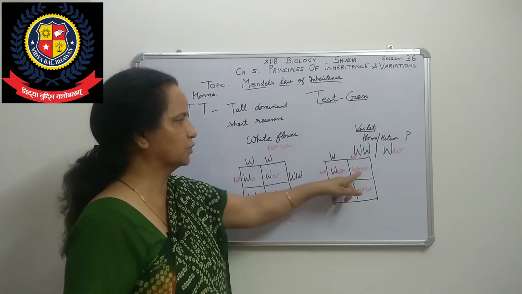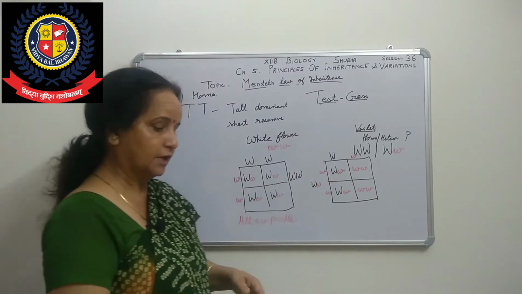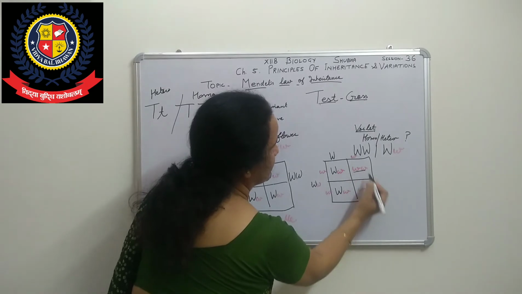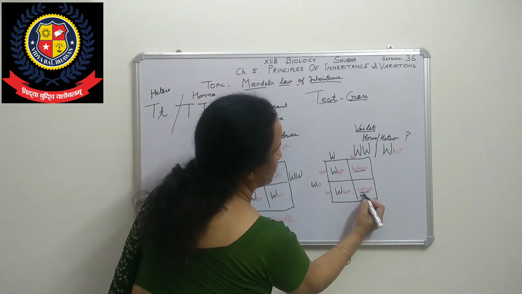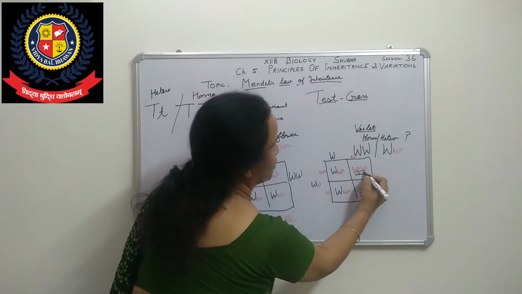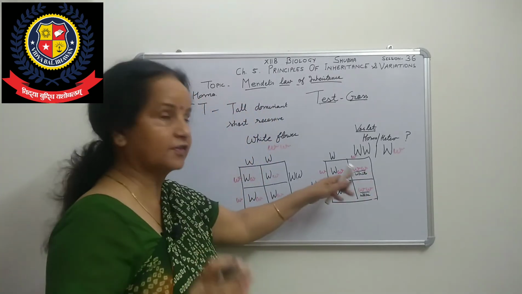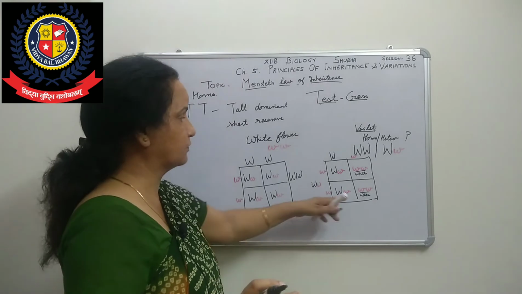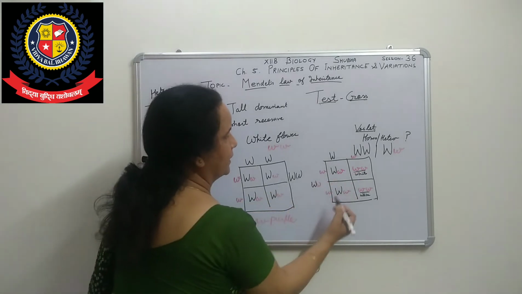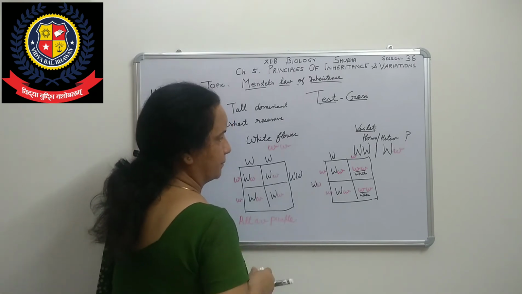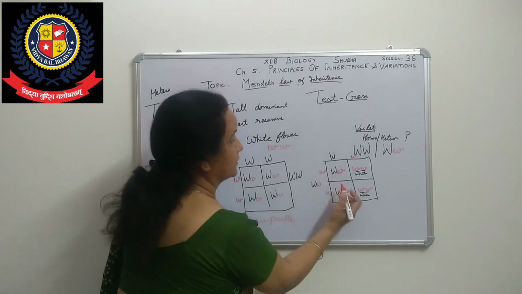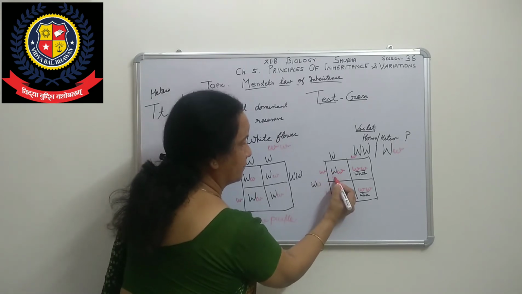Here we see both are recessive. In this condition these are white, because these are homozygous, homozygous recessive, a small letter. So both are homozygous white. And here we will see that it becomes purple, because this one is dominant. It is heterozygous, but purple.